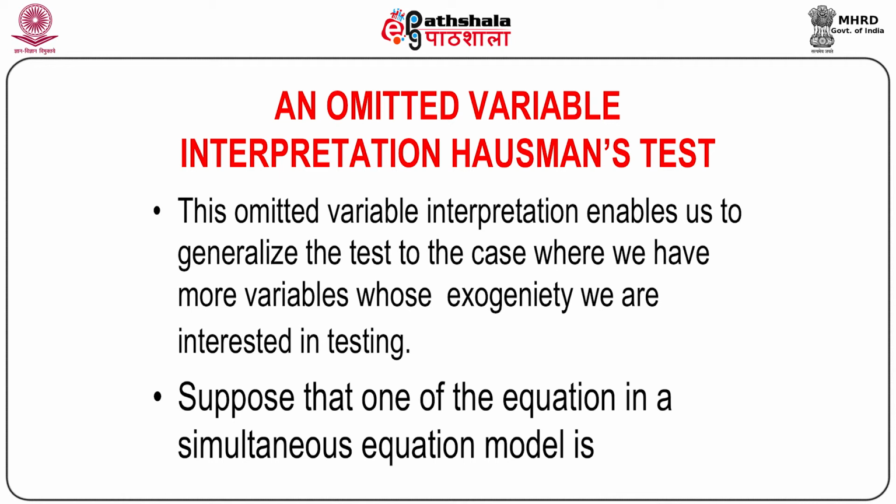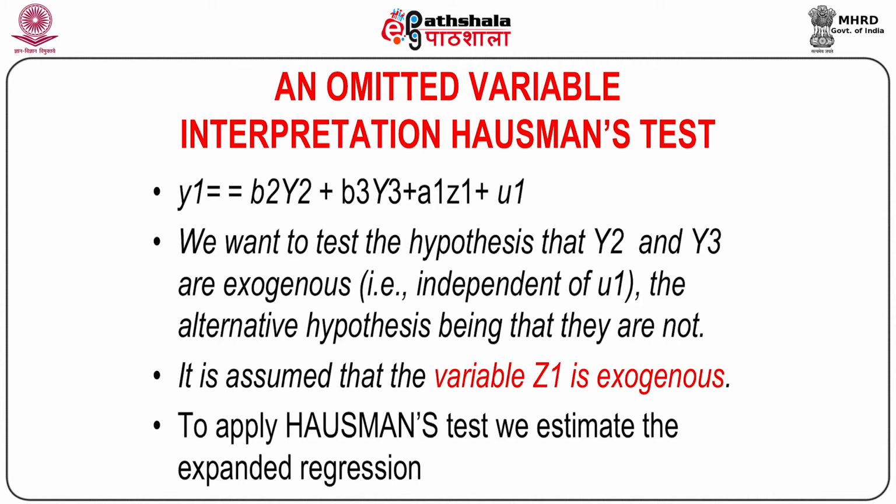Suppose that one of the equations in a simultaneous equation model is y1 equals b2 y2 plus b3 y3 plus a1 z1 plus e1, and we want to test the hypothesis that y2 and y3 are exogenous, that is, independent of e1, the alternative hypothesis being that they are not, and it is assumed that the variable z1 is exogenous.